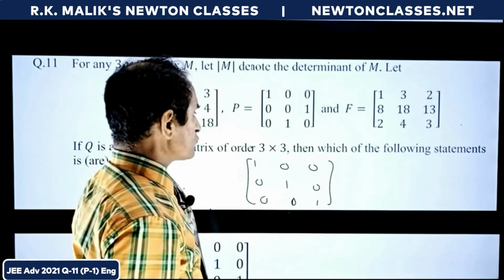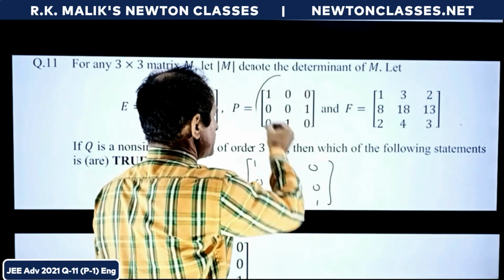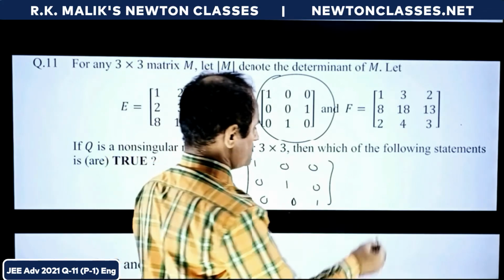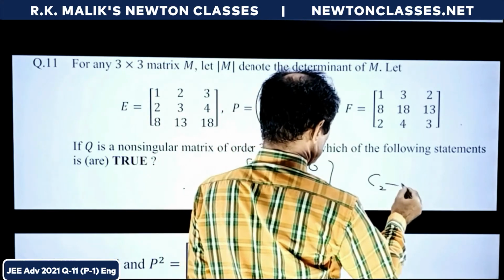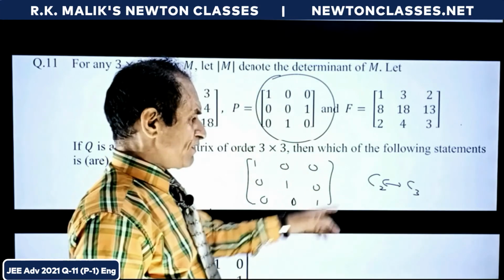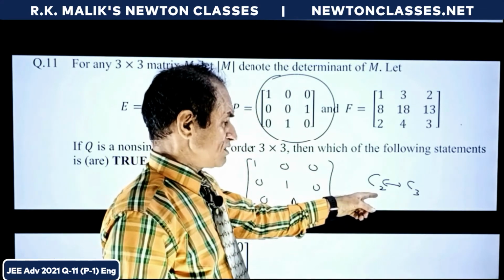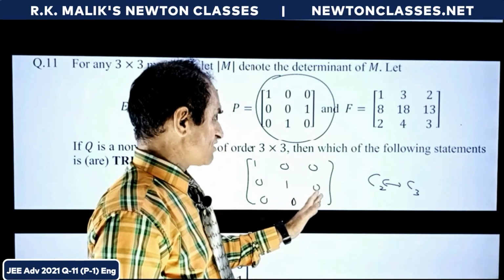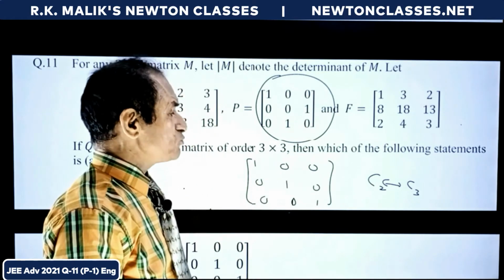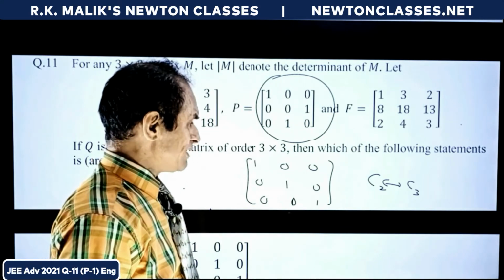And we can also say that this matrix is obtained by applying the transformation C2 changes to C3. By using this operation, we can easily see that we have got this matrix from this matrix. And what is the use of this concept? Now I will tell you.